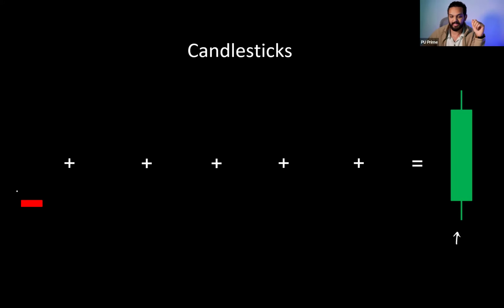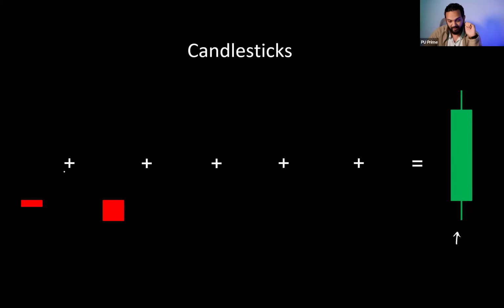Okay, so as you can see here, the price is going down. So the sellers are taking the control. Now, the sellers are going to continue to take the control more and more, right? So we started here, and then the sellers continue to take the control, right?